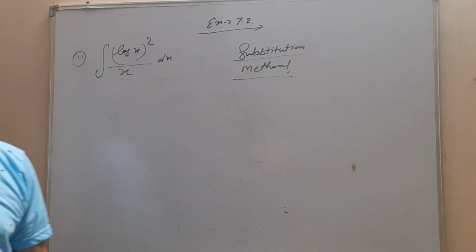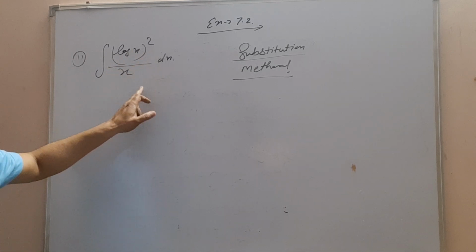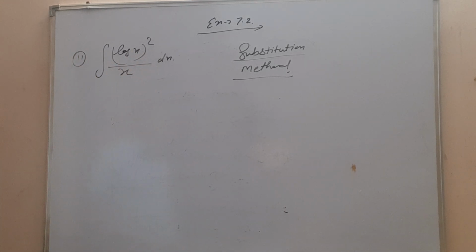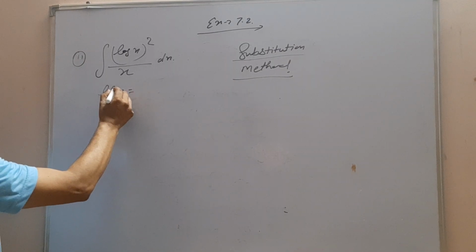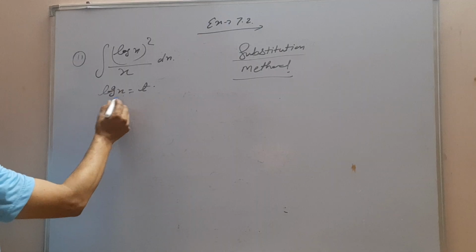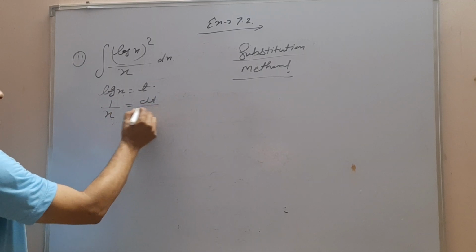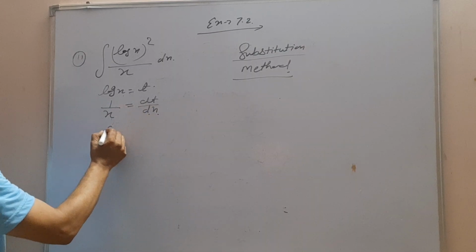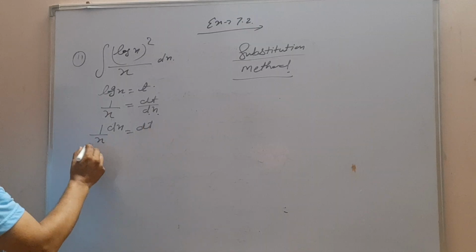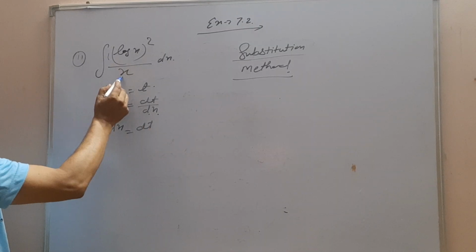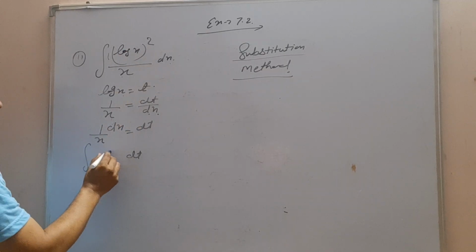So here it is very clear that derivative of log x is 1 by x. So we can put here the value log x is equal to t. So differentiate both sides, it will be 1 by x is equal to dt by dx. Cross multiply here, 1 by x into dx is equal to dt. Now check there, 1 by x into dx will become dt and it will be t square.